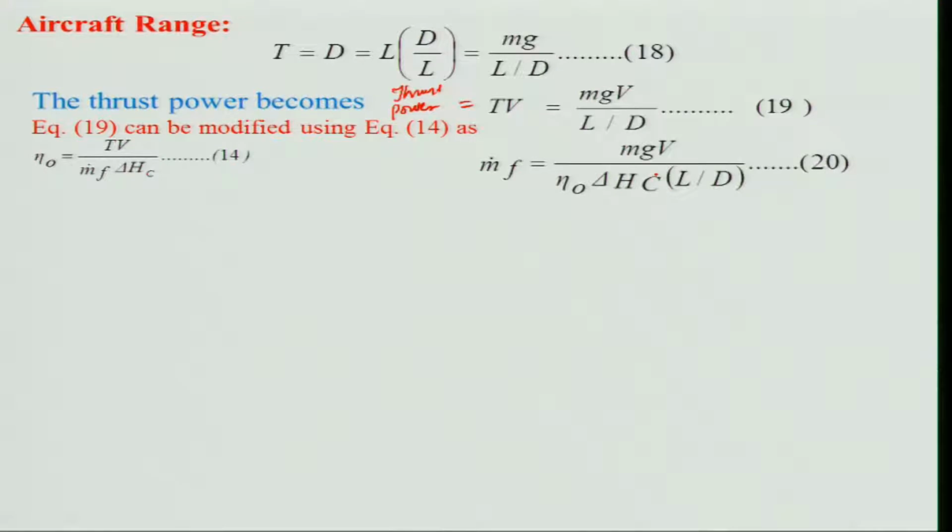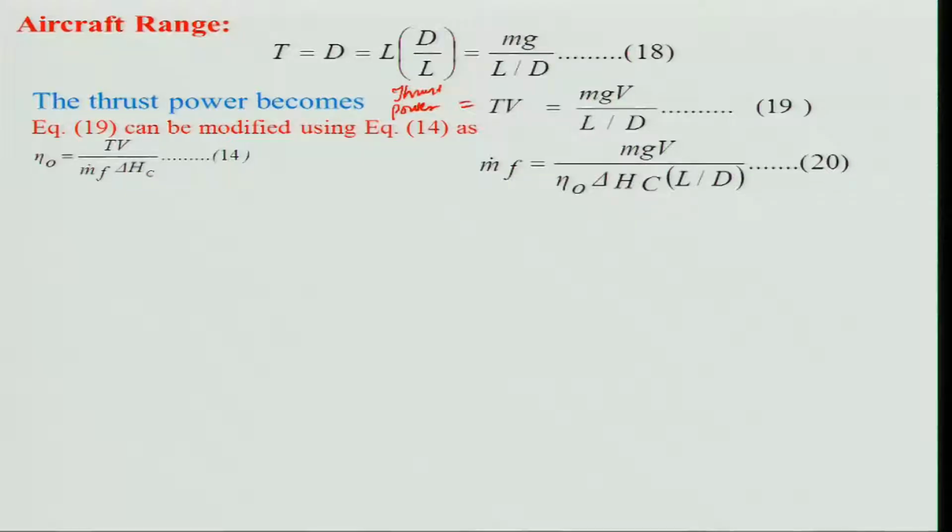It is saying that the mass flow rate of fuel, or the mass consumption of the fuel, will be dependent on the mass of the vehicle, the flight velocity, and inversely proportional to the overall efficiency, the heat of combustion, and of course the lift and drag ratio. If the lift and drag ratio is higher, what will happen? The mass flow rate of fuel, or the mass consumption of the fuel, will be reduced, keeping other things the same.